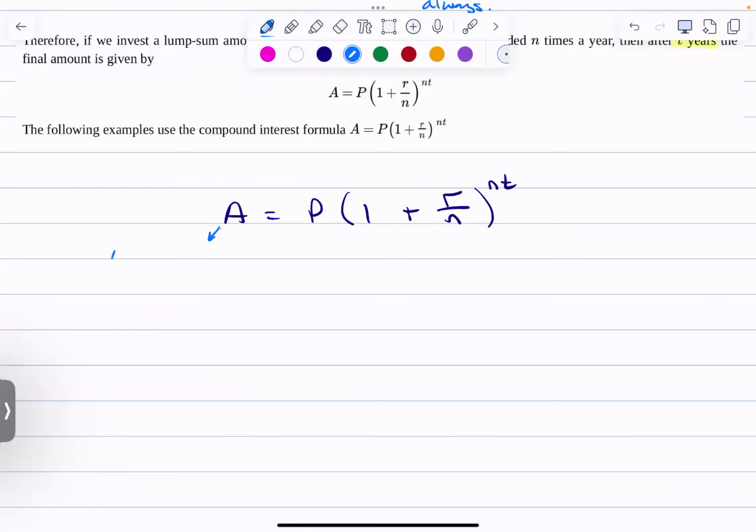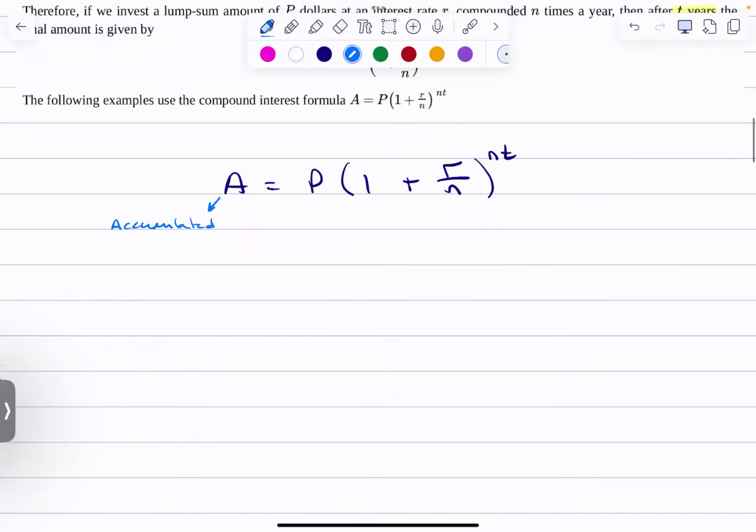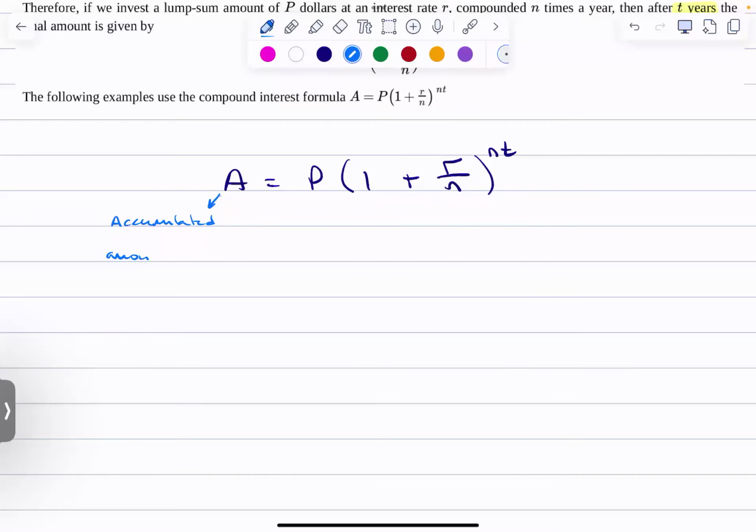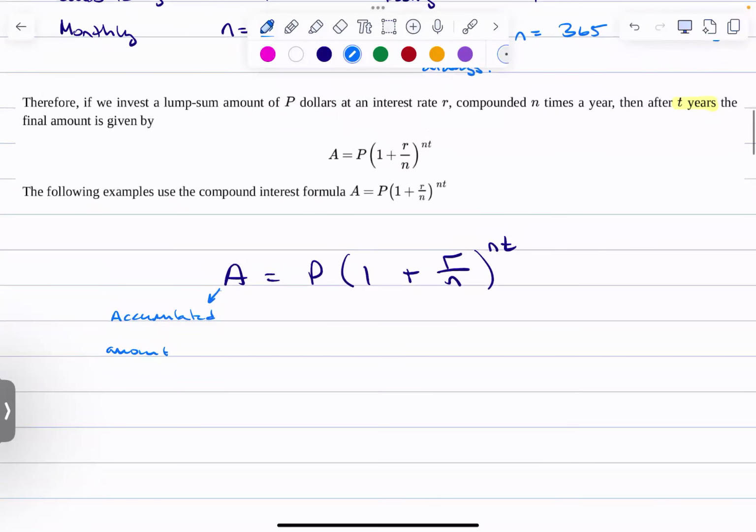These guys we're familiar with. A is the accumulated amount. P is the principal investment, or the principal amount, your starting amount. They're not new except for N. N is new.